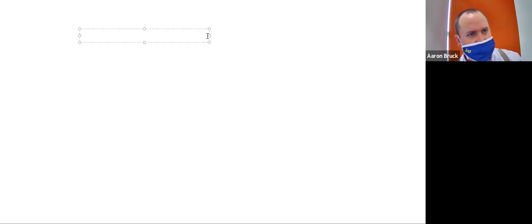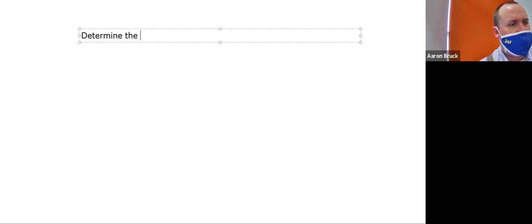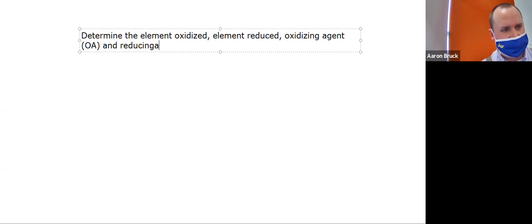So the question would be something along these lines. Determine the element oxidized, element reduced, oxidizing agent, and reducing agent in the following reaction.